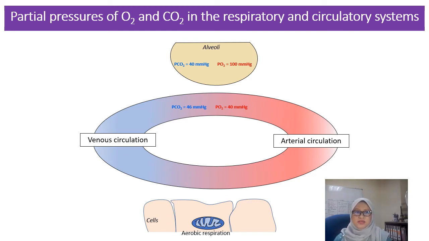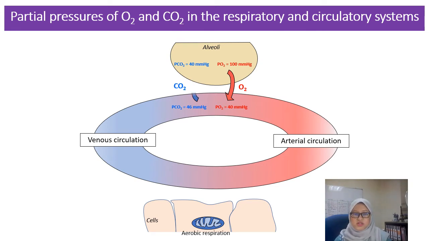So because of this partial pressure difference, the gas will tend to move from higher pressure to lower pressure. So oxygen will diffuse from the alveoli into the pulmonary capillary, whereas carbon dioxide will diffuse from the pulmonary capillary into the alveoli.